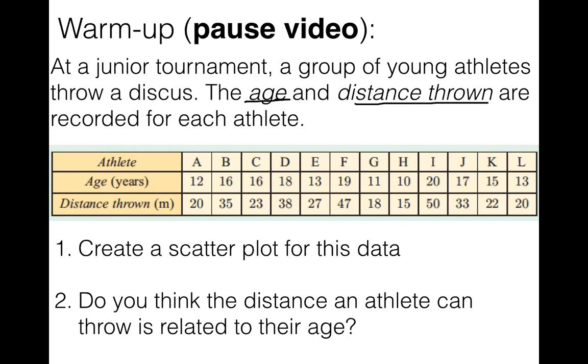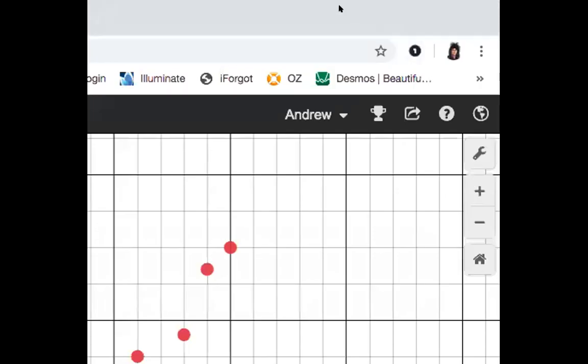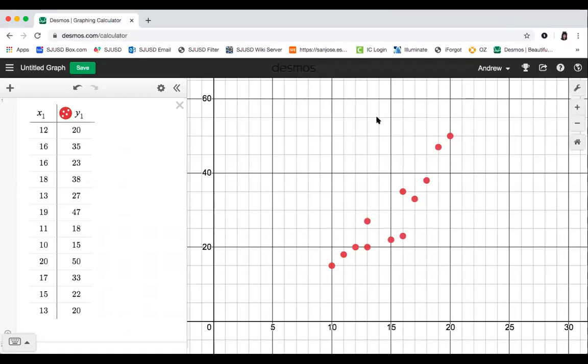Okay, so the scatter plot should look a little something like this. So I made a scatter plot in Desmos. And so on the left, you can see the X's and the Y's in a table, and your scatter plot should look a little something like this. And it looks like, yeah, as the age of the athlete increases, the distance that they can throw the discus also increases.